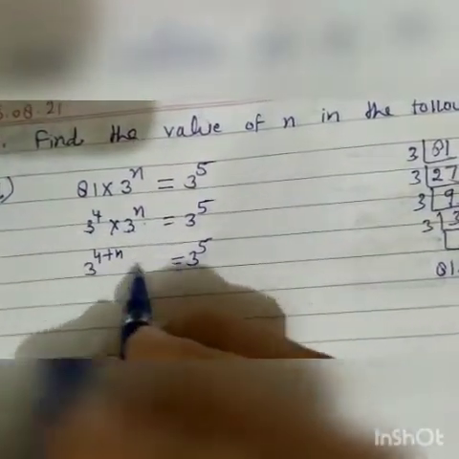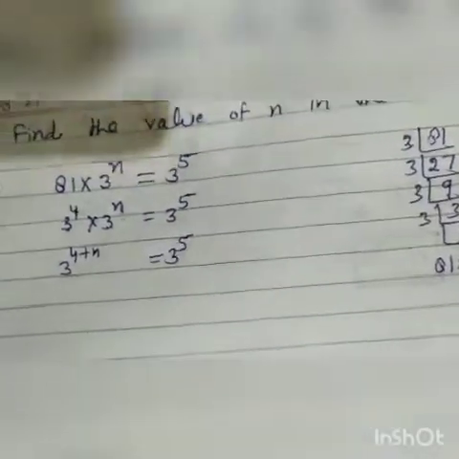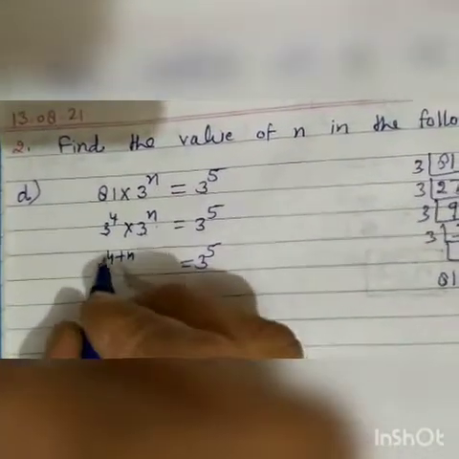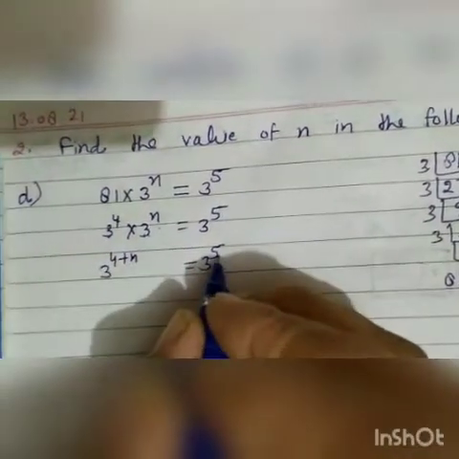Now see, this 3 and this 3, both the bases are same. Bases of both the sides are same. It means powers are equal.